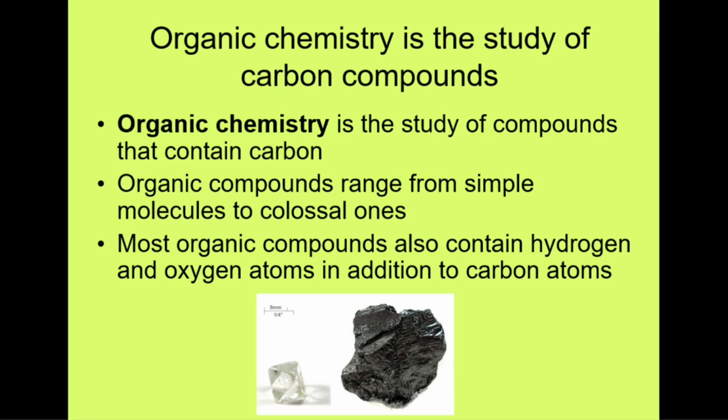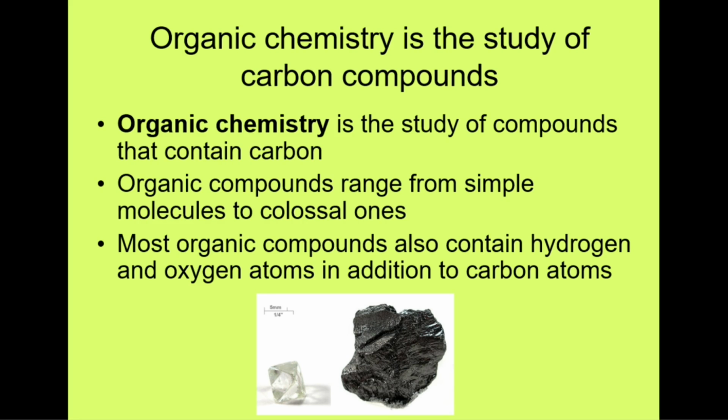And organic compounds are really diverse. They range from really simple molecules, like methane that we just looked at, through to absolutely massive ones like certain proteins. And when we're talking about really large compounds or macromolecules, obviously we're still talking very, very small.